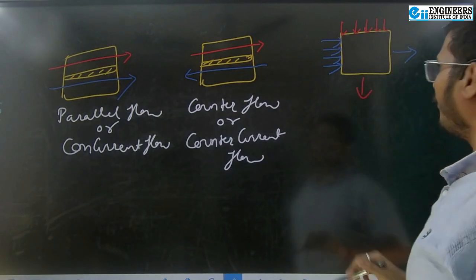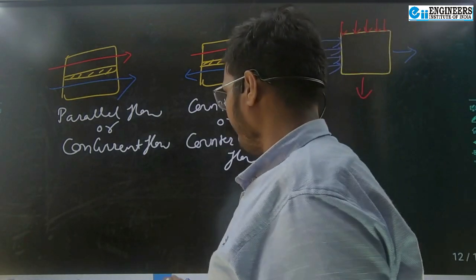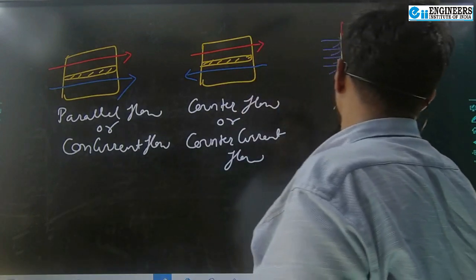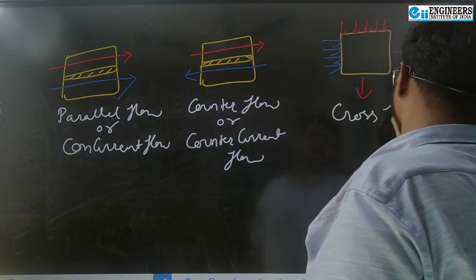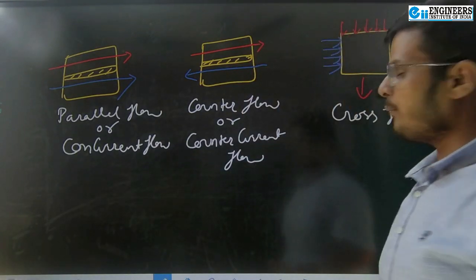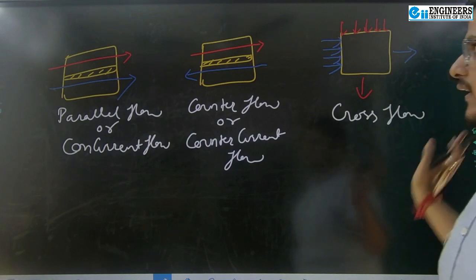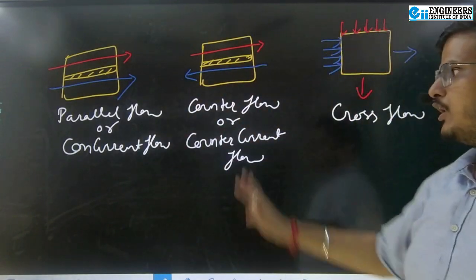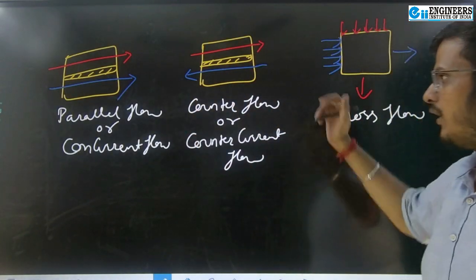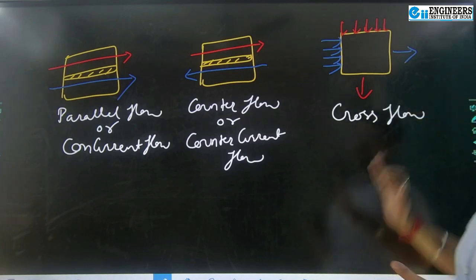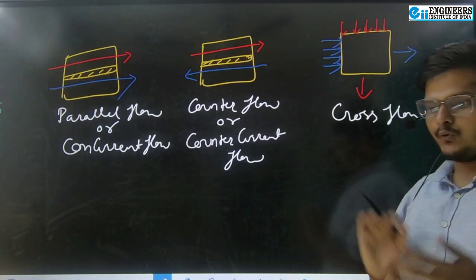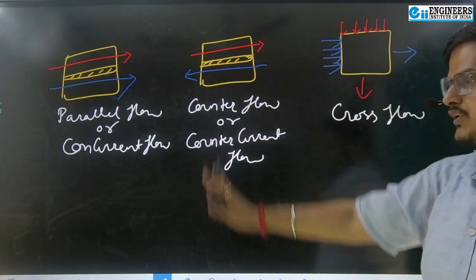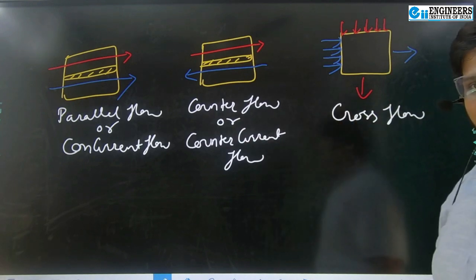Such type of flow is called cross flow. Hope you are now clear with the classification of those heat exchangers: parallel flow or concurrent flow, counter flow or counter current flow, and cross flow. So these are the classifications and types of heat exchanger.